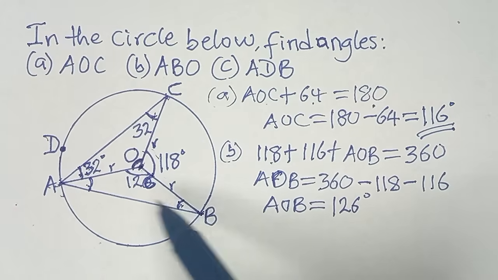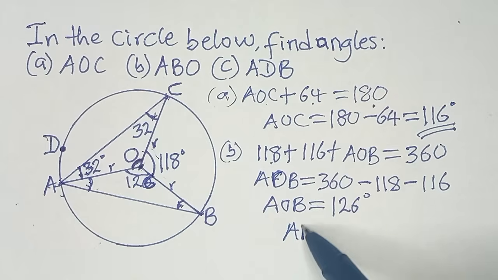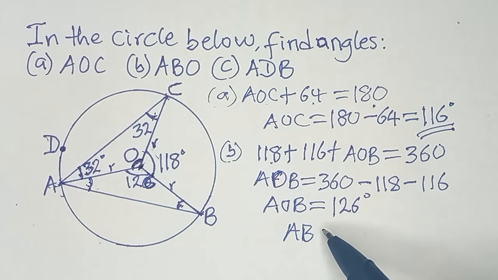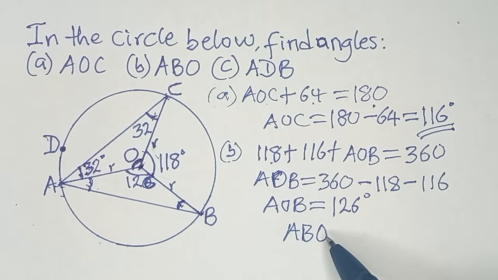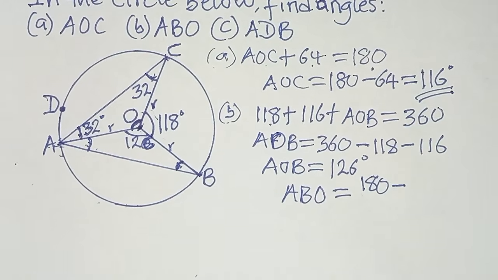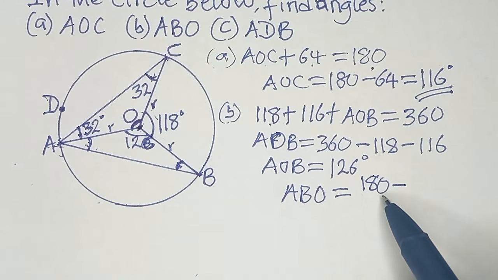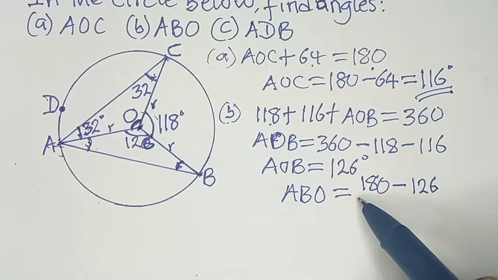Now, to get each of the base angles, ABO, which is one of the base angles, this angle, what you just need to do is say 180 minus the vertical angle. 180, because the sum of angles in a triangle is 180. 180 minus the vertical angle, which is 126, and then divide by 2.